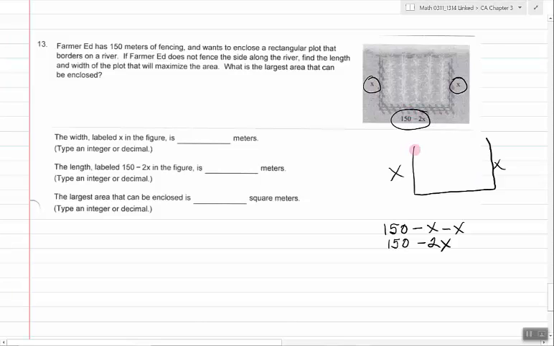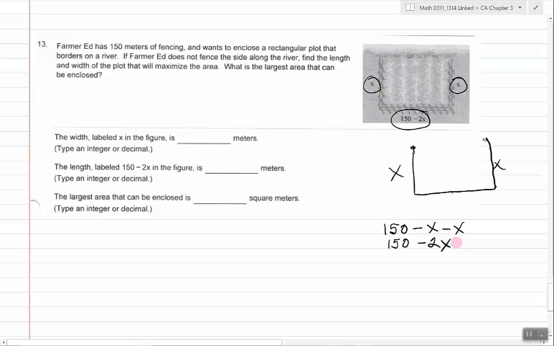Now they did it right here, X, 150 minus 2X. But I wanted you to know why. He has 150 meters all the way around. If he comes out this far, and we don't know how far, but it's X, then how much does he have left over for this side? It's the total minus what he used up.